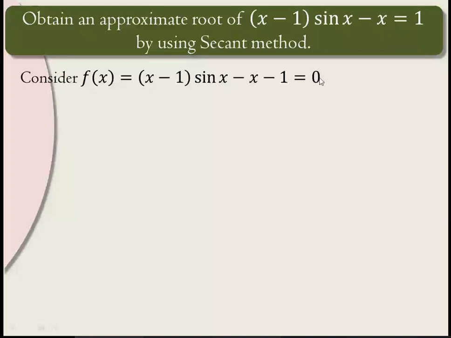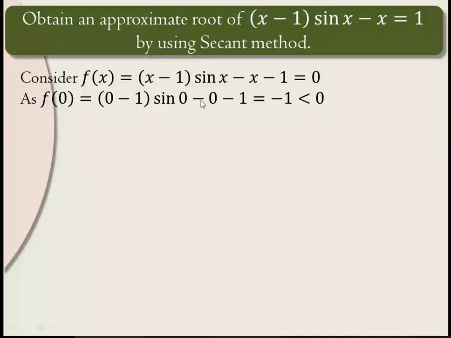Now again do the same thing. Try to search for 2 points for which the function takes opposite values. Checking for 0: (0 minus 1) into sine of 0, minus 0, minus 1. Sine 0 is 0, so the first term becomes 0, and 0 minus 1 is minus 1. Negative.